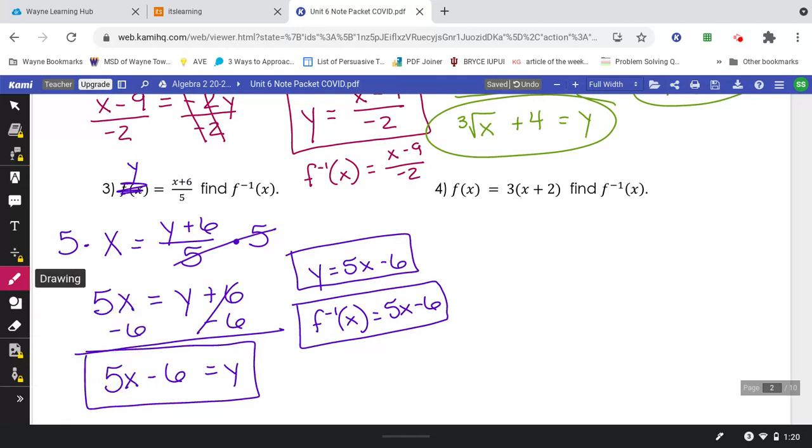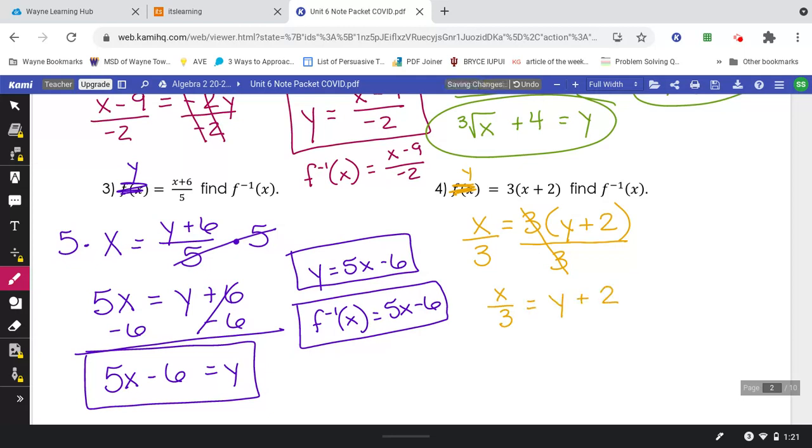All right, example number 4. Start by switching that to the letter y. Switch the x and y. I want to get rid of that 3 in front, so I'm going to start by dividing both sides by 3. X divided by 3 equals y plus 2.